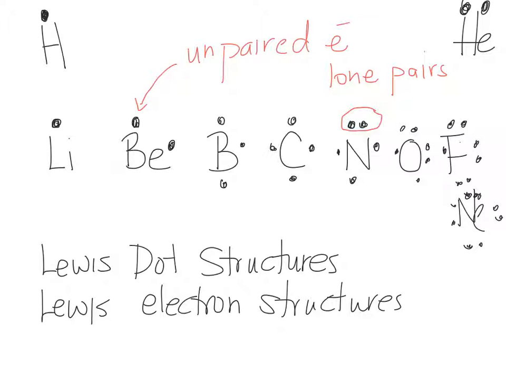Lone pairs of electrons. Okay. So electrons want to be in pairs as much as they can.